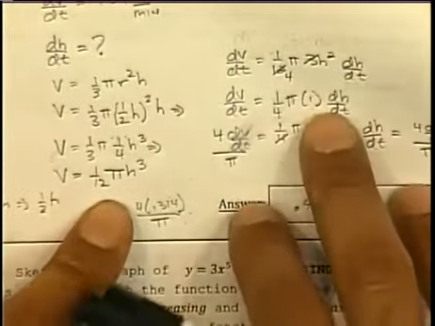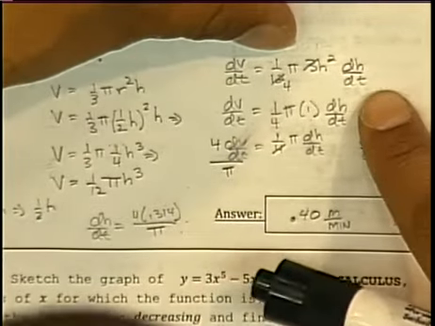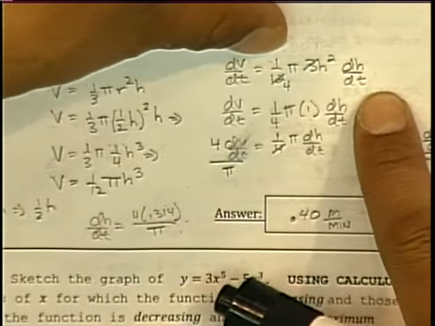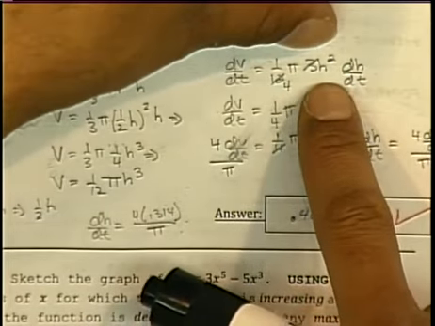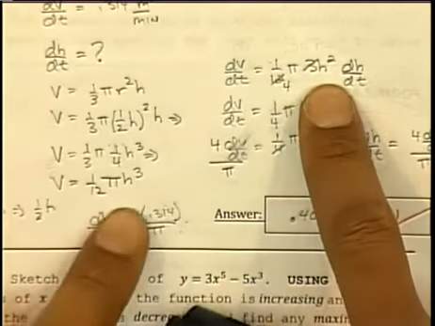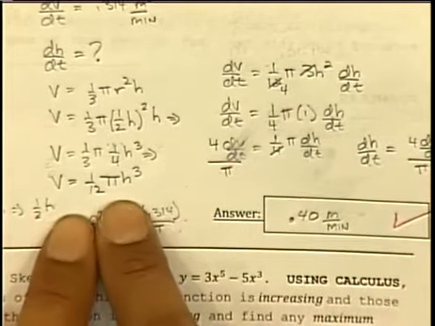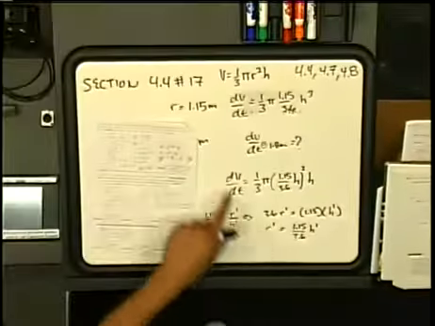I'm right here in the problem, and I'm trying to get here. So I took the derivative of all this, dV dt.